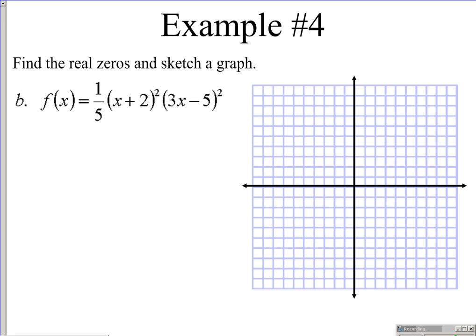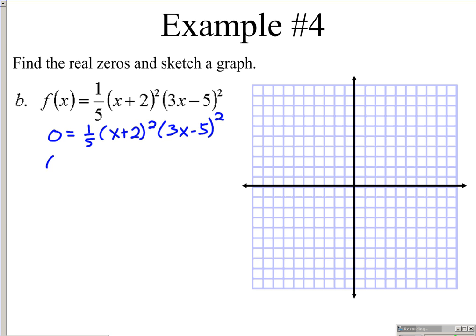Letter B. Again, plug 0 in for y. When we plug 0 in here for y, this is already in factored form for us. So go ahead and set each factor equal to 0.